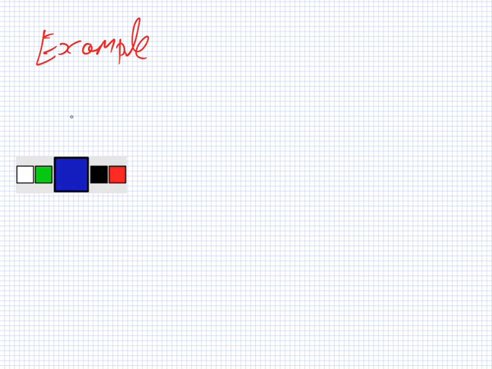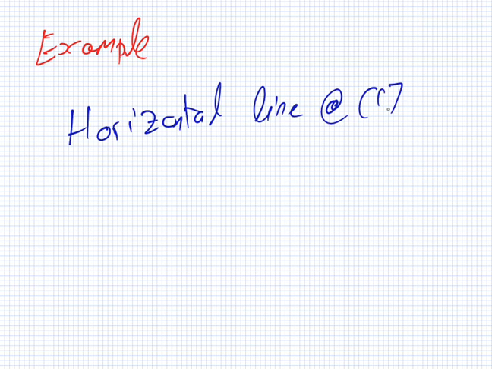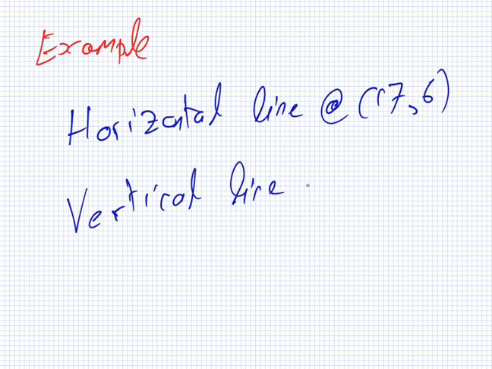Example. I want the horizontal line at 17.6, and also another example, I want the vertical line at 1984.